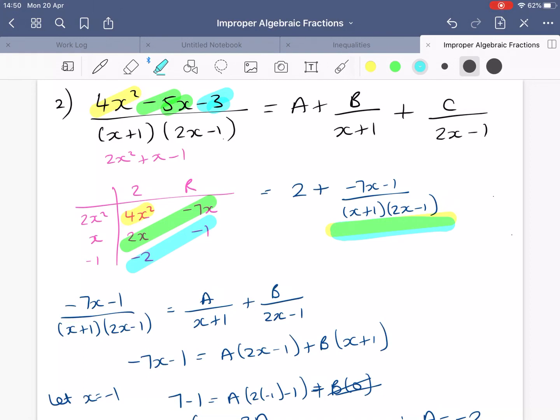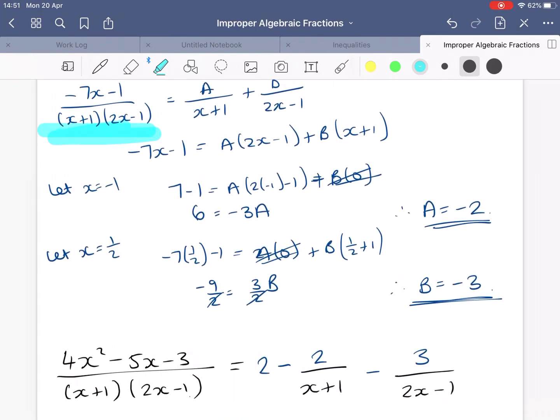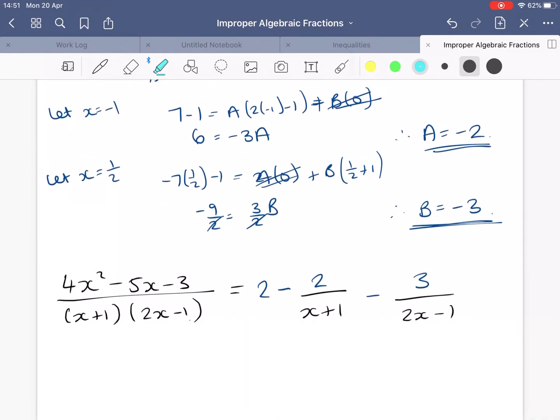Because then, when you come to do your partial fractions, you can just write what it is. If you wrote that as a minus at that point, things might start getting a bit messed up, so it's better not to. Do the partial fractions. You should have got A is minus 2 and B is minus 3. And you end up with 2 take away 2 over x plus 1, take away 3 over 2x minus 1.